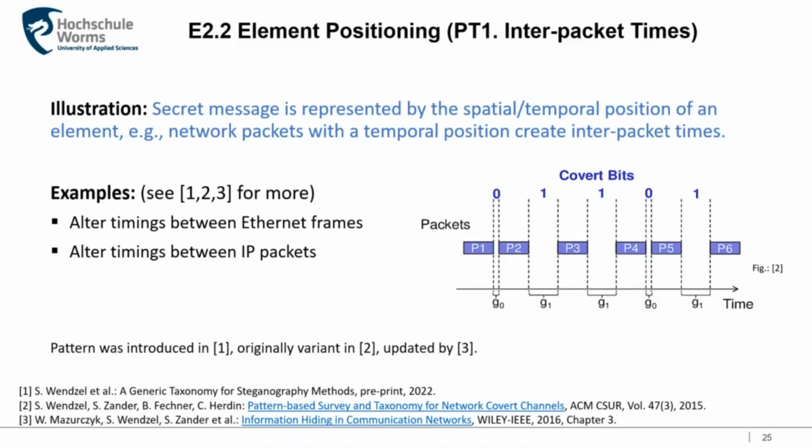And what we can do here is, for instance, we can send bursts of traffic, or we modulate the gaps between network packets over time. This pattern has been described like 40 times or something in the literature under different names, but this is how the core element of it looks like. It's a little bit more complex than that, but that's not so important at this point.